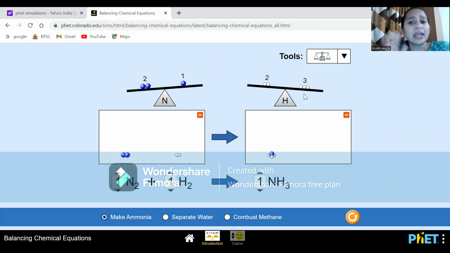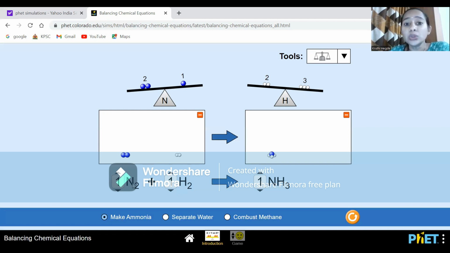During any balancing of a chemical equation, we need to balance the equation by changing the number in front of the symbol or the formula. We are not supposed to change anything which is in the formula or in the symbol.